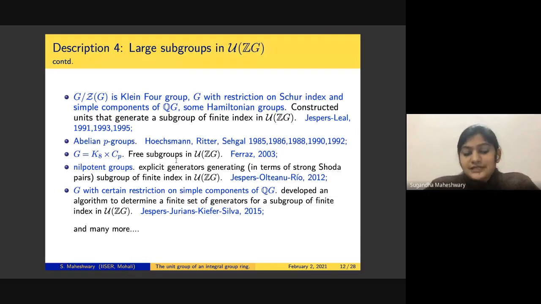As I mentioned earlier, for the groups for which Bass units and bicyclic units do not suffice, we need more non-trivial units, some recipes, some units which can cover up the remaining part. And there are a lot of papers in this direction where people have studied large subgroups in the unit group of ZG.